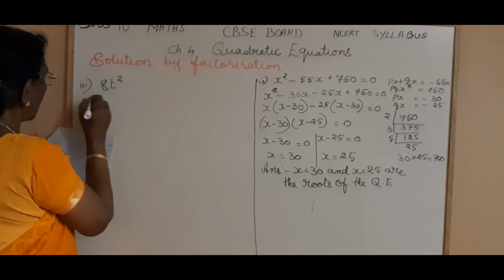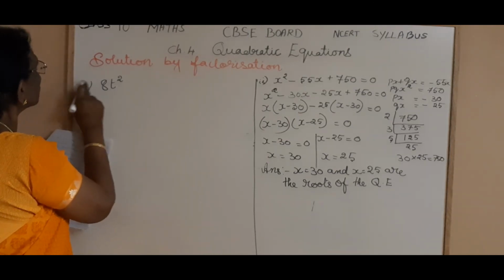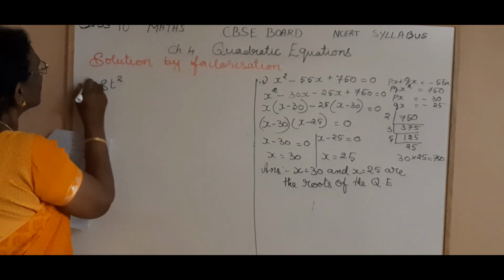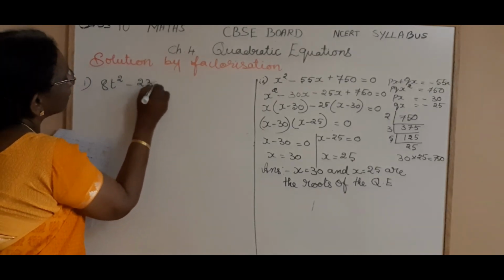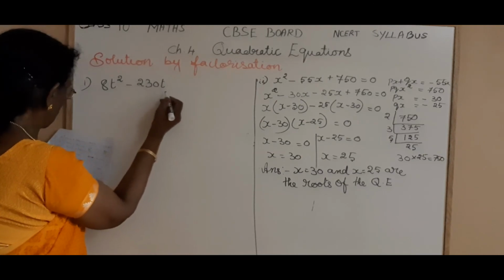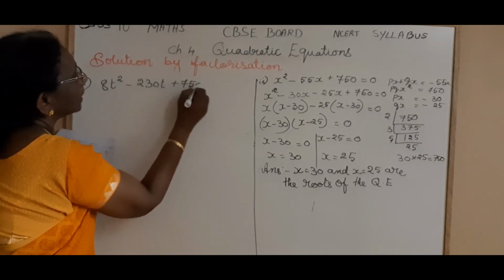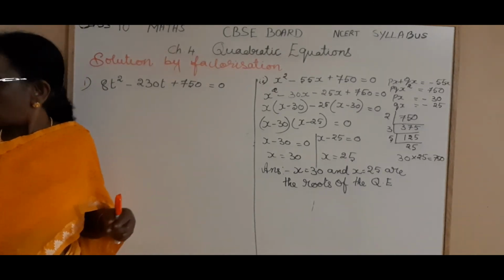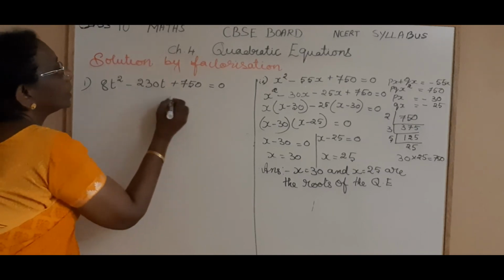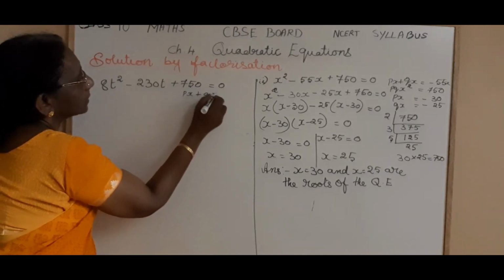8t square minus 230t plus 750 is equal to 0. So what is Px plus Qx?